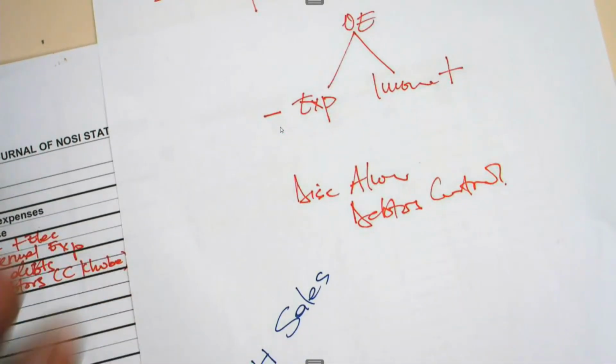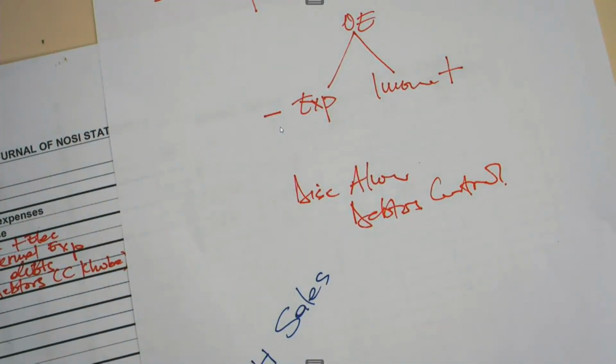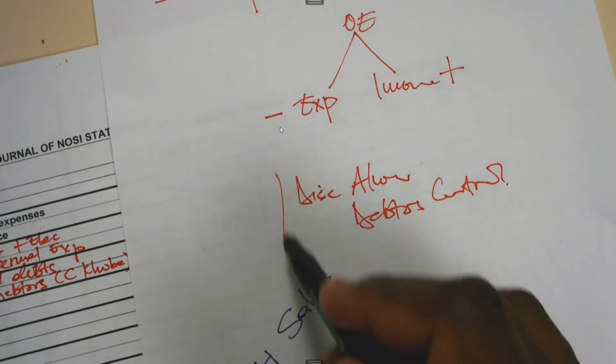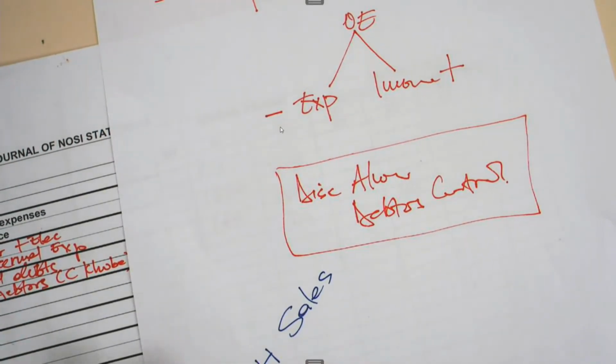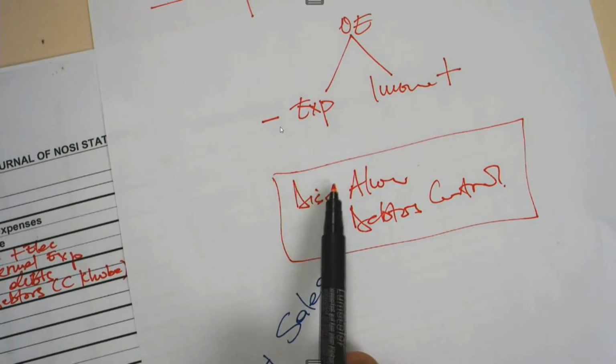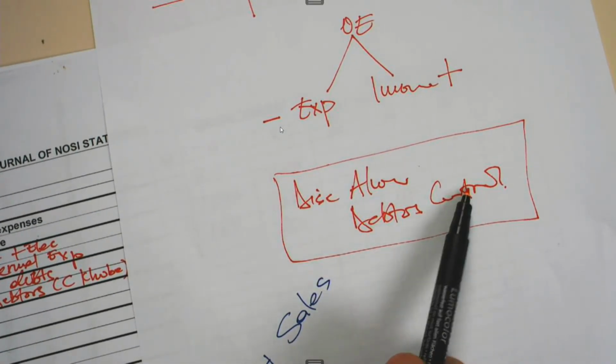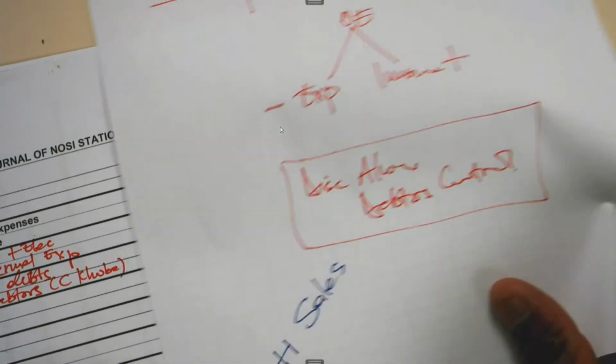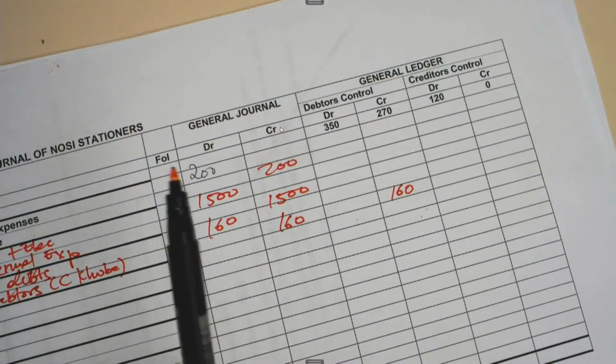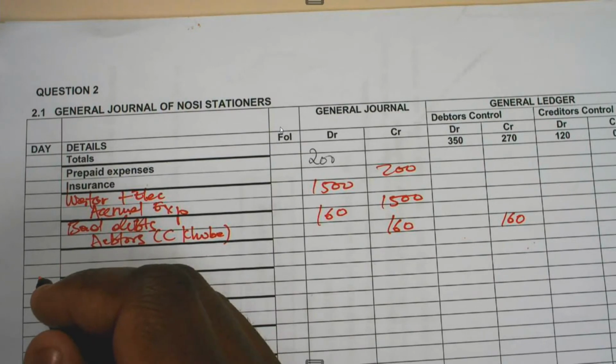Now that we must cancel this discount allowed, we reverse. What we have debited, we must credit. What we have credited, we must debit. So now here we'll write how we will record it.